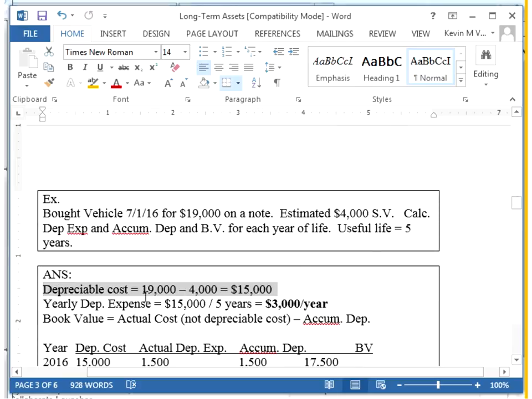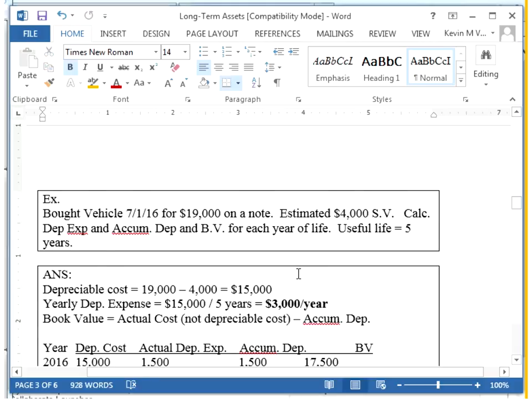Okay, so the first step, remember we find our depreciable cost. We take the actual cost minus our salvage value, and I got $15,000. Then you take whatever you just got, the $15,000, and divide it by our useful life. So that tells me that my yearly depreciation expense is $3,000 a year. And that would be if I had it for the entire year. But note up here, I bought it in July.